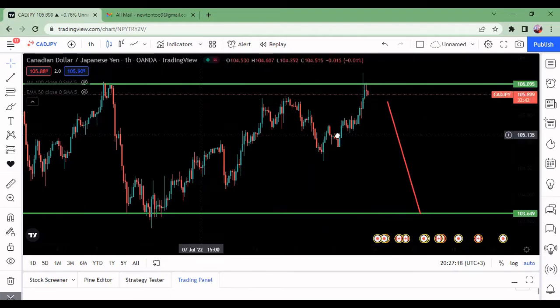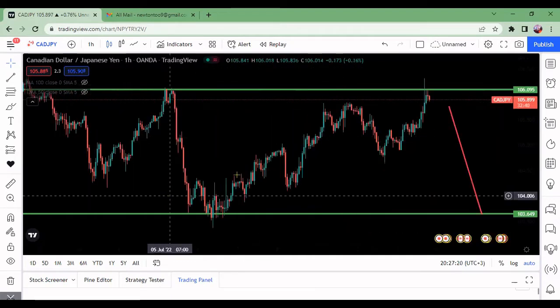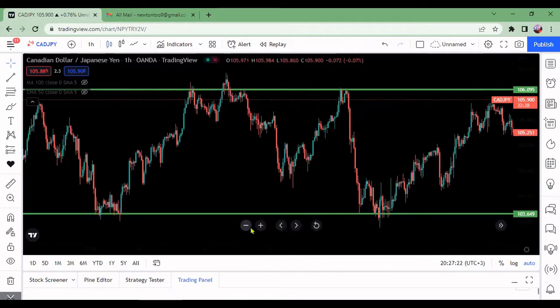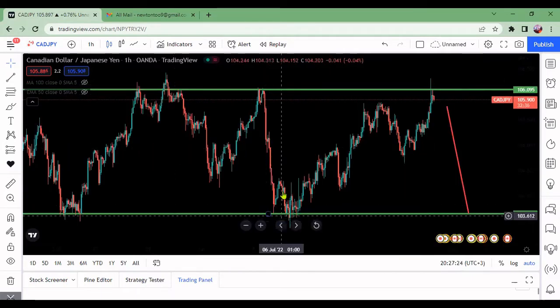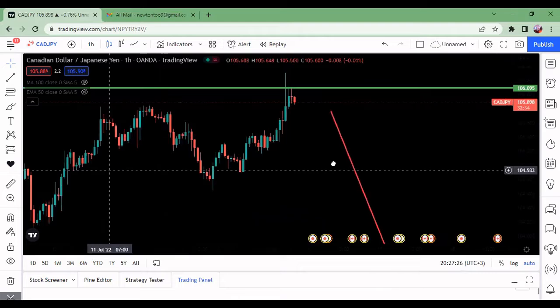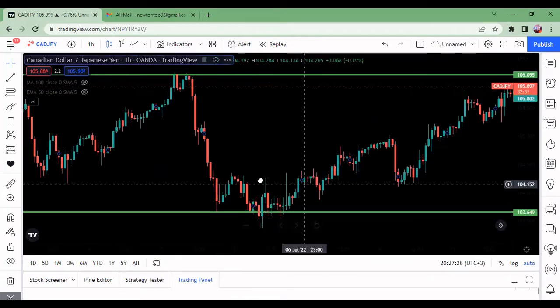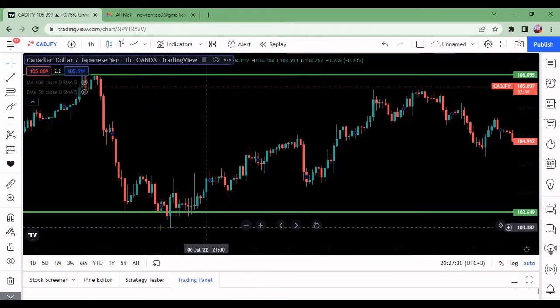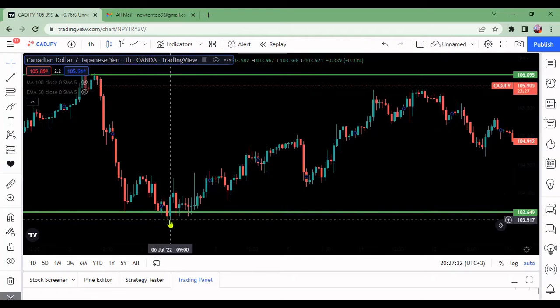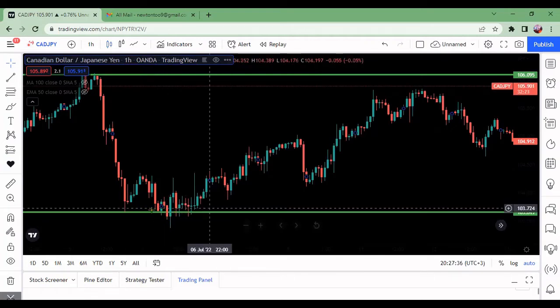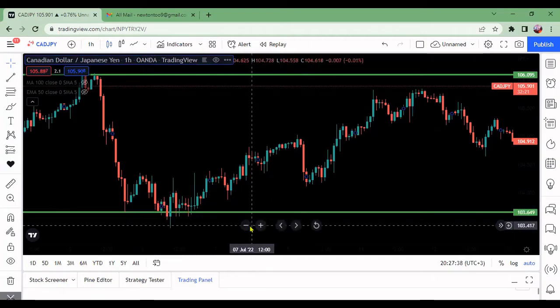On a support, we have got wicks below the support. This means the market is being rejected to go down because more buyers are coming into the market.